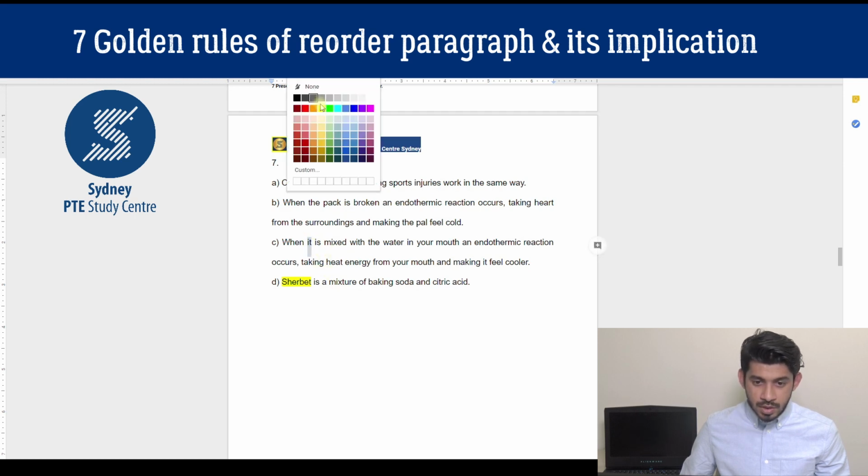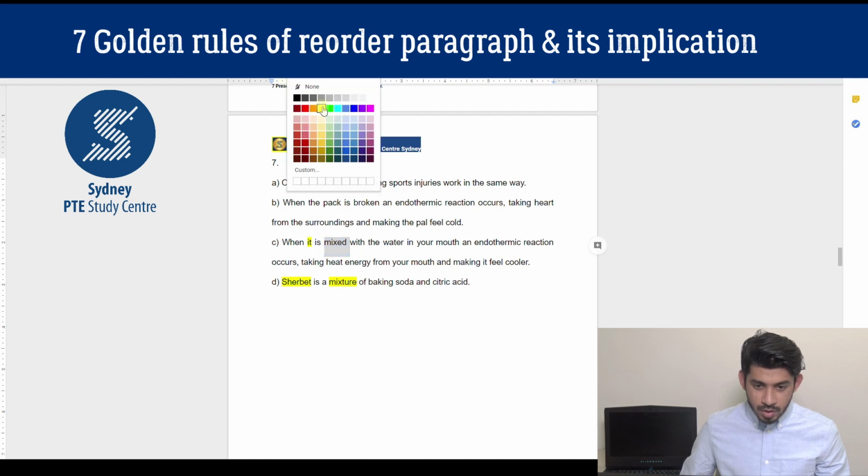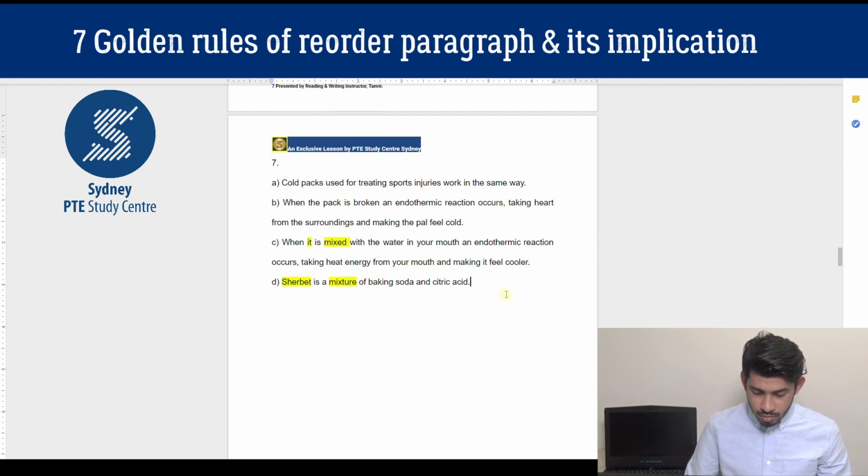It is a pronoun, referring back to that noun. Another clue is mixture and mixed. Look, same word or similar types of words. So I know my first pair is D and then C. Now the remaining 2 sentences have cold packs and pack.